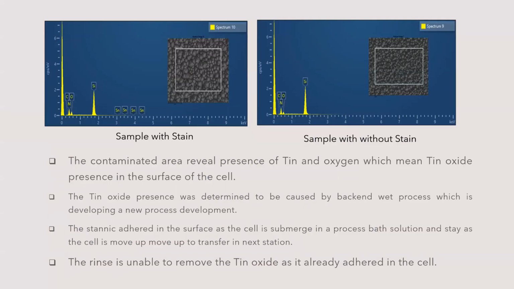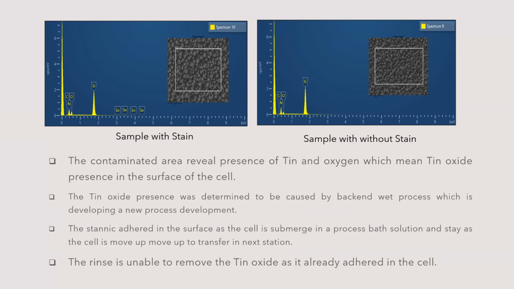To summarize, the contaminated area revealed the presence of tin and oxygen, which means tin oxide was present on the surface of the cell. The tin oxide presence was determined to be caused by a back-end wet process, which is a developing process. The stannic adhered to the surface as the cell was submerged in a process batch solution and stayed as the cell was moved up to the next station.